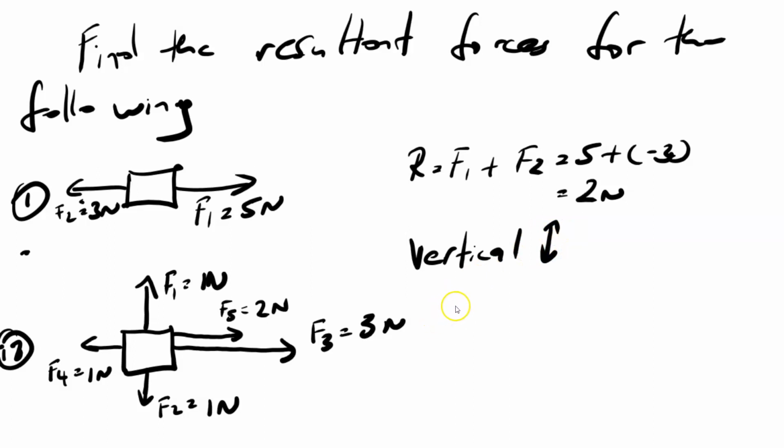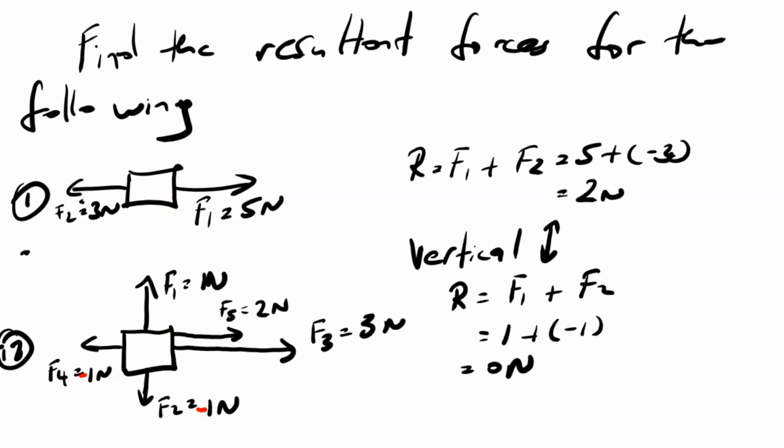So let's look at the vertical resultant. That's going to be F1 plus F2, and I'm going to put some negative signs there to help you. So F1 is 1 plus negative 1. Therefore, the object is not moving upward or downward.